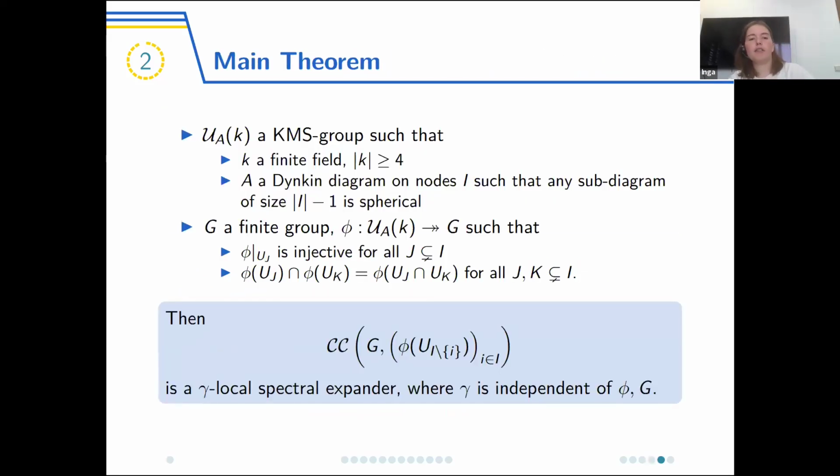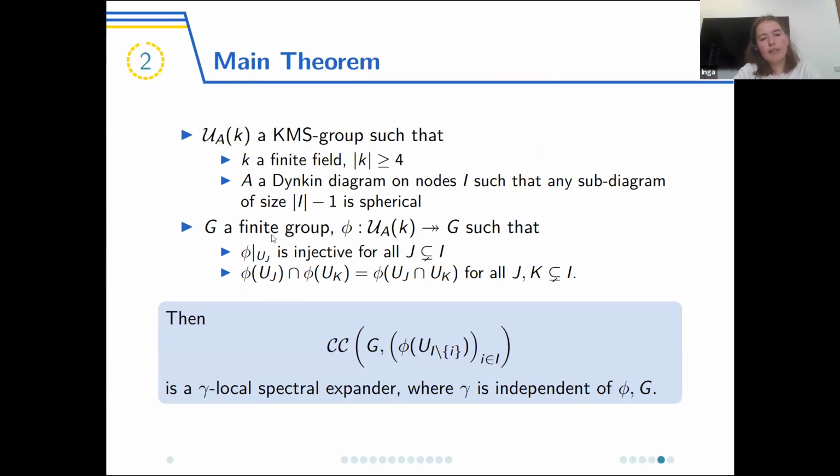Now we can come to our main theorem, which says that if we start with a KMS group over a finite field of size at least 4, we want a Dynkin diagram such that whenever we remove one vertex, we end up with something spherical. That's the first ingredient, our KMS group.